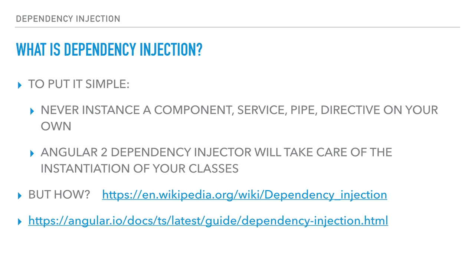Yes, so what? Well, if you need more information about dependency injection, this is, as I said, a super important topic. Here I put a Wikipedia link so you can read about it. Also, you can read in the Angular documentation how it's implemented under the hood.